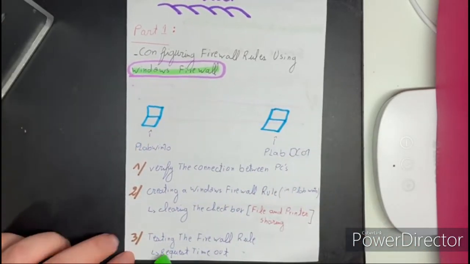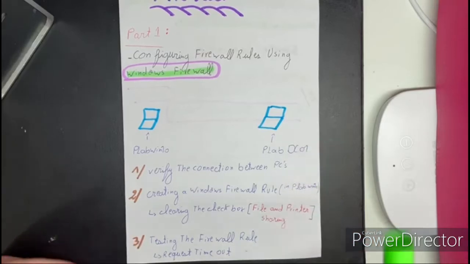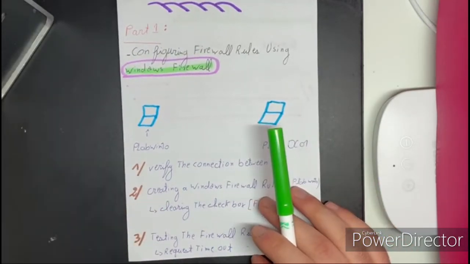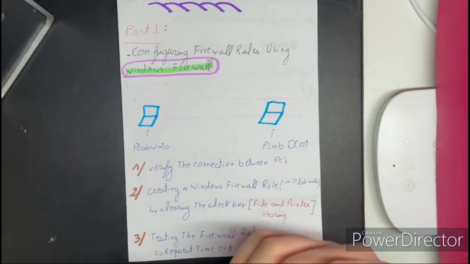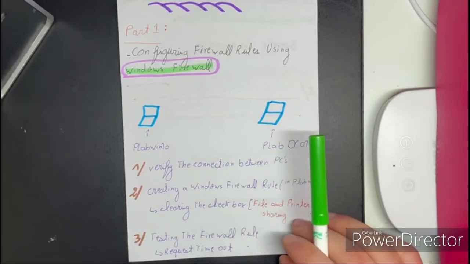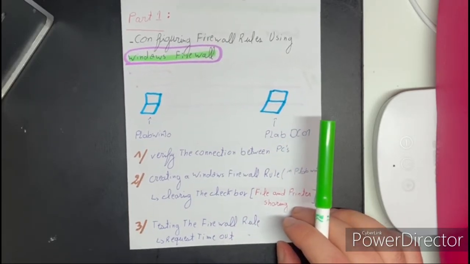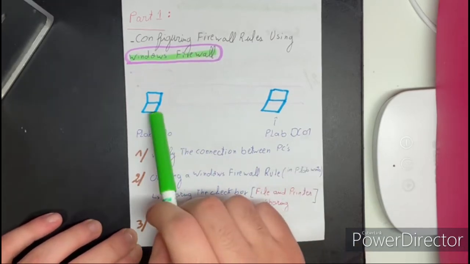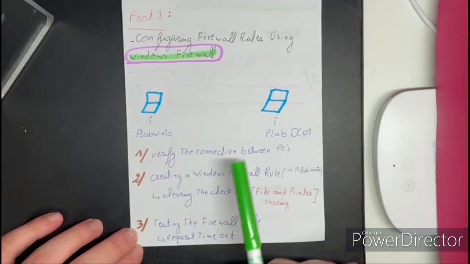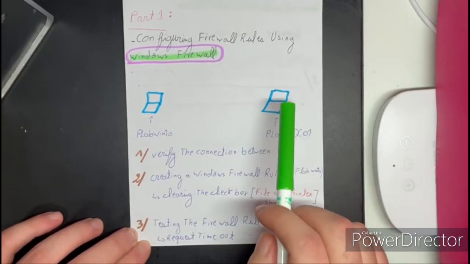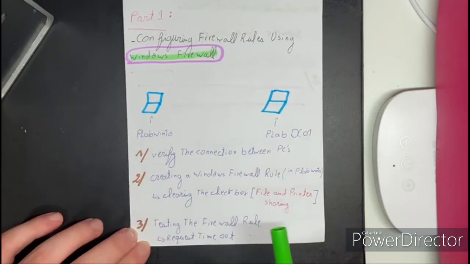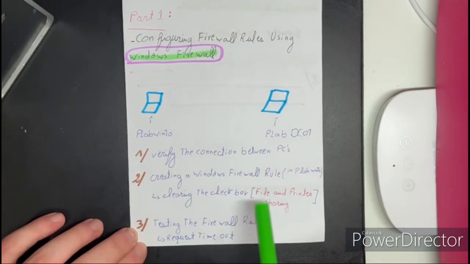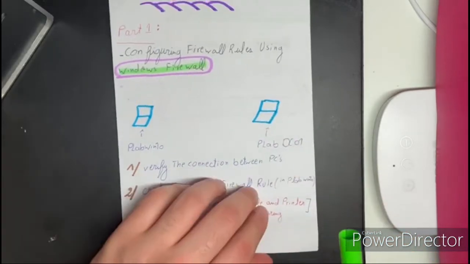This is going to be the last stage, where I will be testing whether the firewall rule functions properly or not. That will be by receiving a request timeout from this PC, because we're pinging from that PC to this PC. So intuitively, the request timeout will be received on that PC.